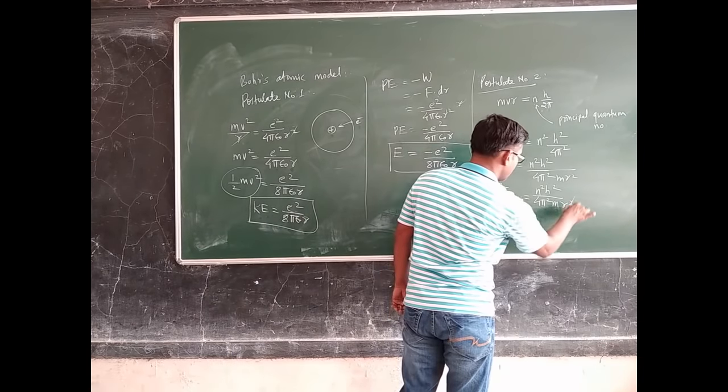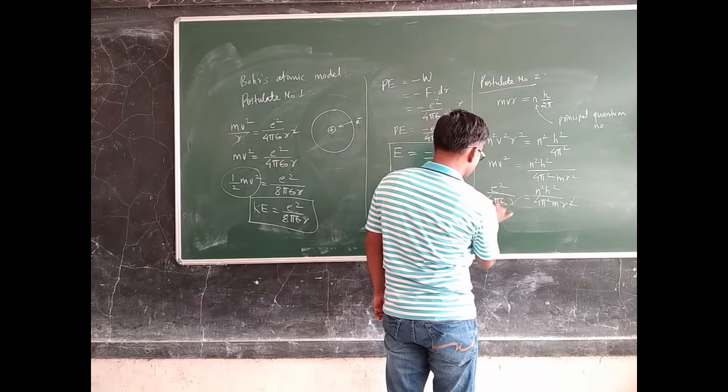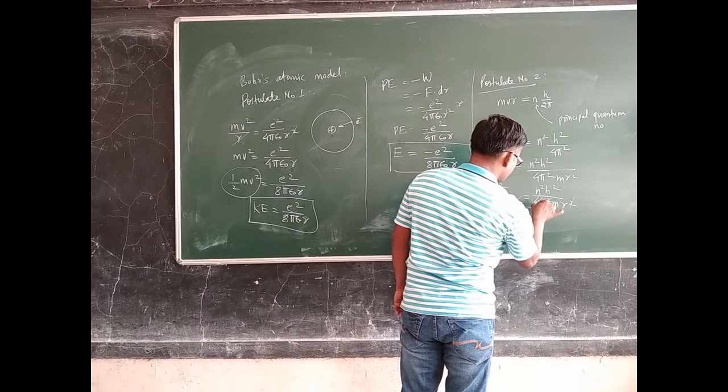So this r gets cancelled, this 4 pi will get cancelled.